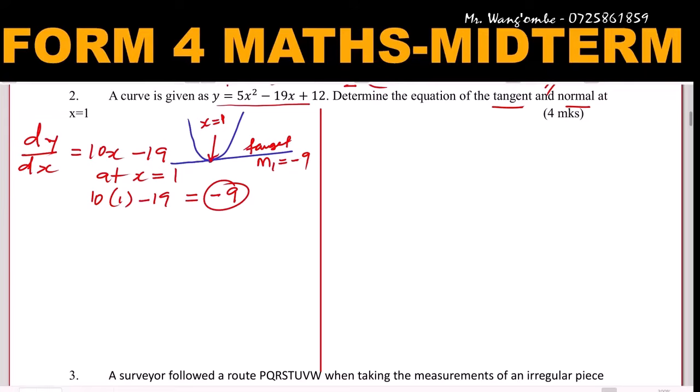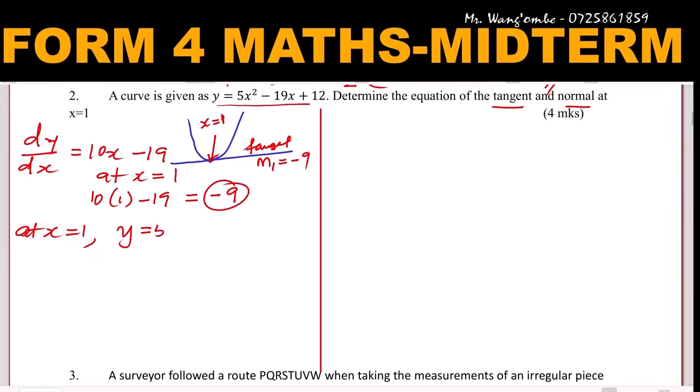So now we have the gradient, we need 1 point, and we have the x coordinate of that point, so we need to get the y coordinate. So at x is equal to 1, what will be the value of y? We simply need to substitute x is equal to 1 in this function.